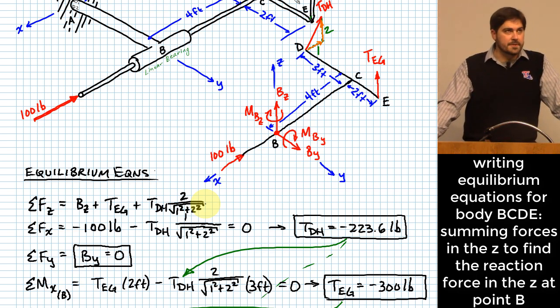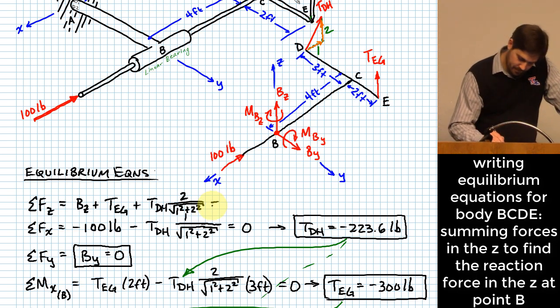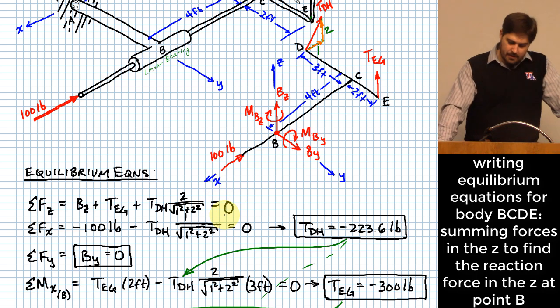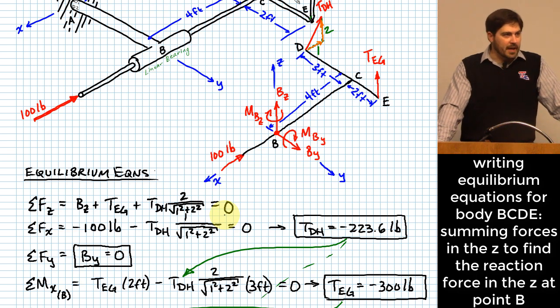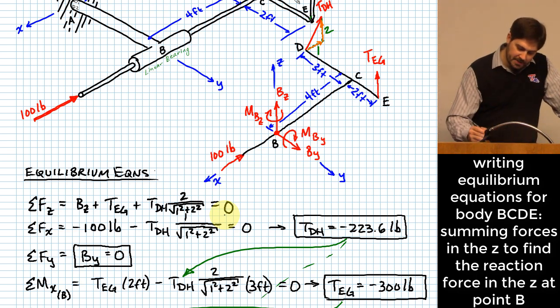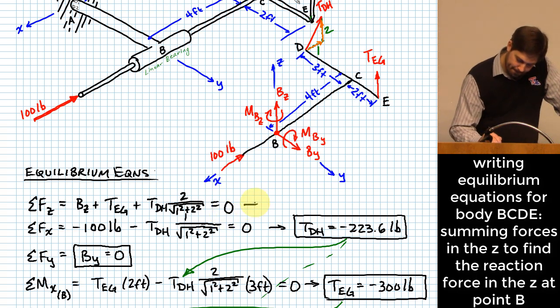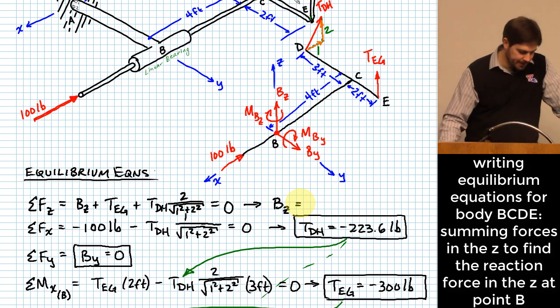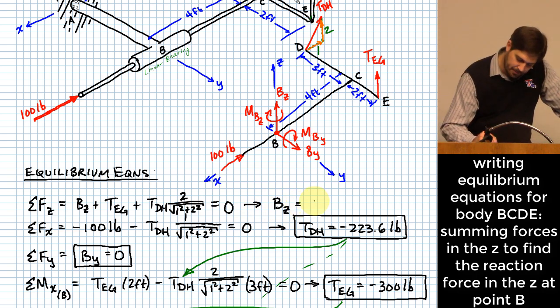Okay, any other forces in the Z direction? So that sums to 0, and TEG and TDH are already known. And when I plug those values in for those two, TEG and TDH, I can solve for BZ. Okay. BZ winds up being positive 500 pounds.